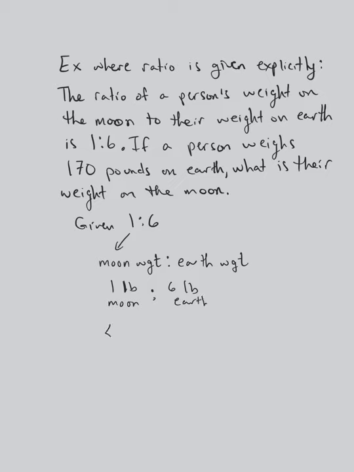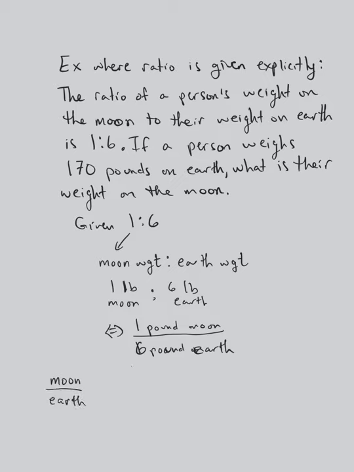And if we wanted to write that as a fraction, we would say 1 pound on the moon over 6 pounds on the Earth. I'm not looking at what I'm writing carefully. So the key thing is, if we want to take the units out of it, the form of that ratio is moon weight to Earth weight.